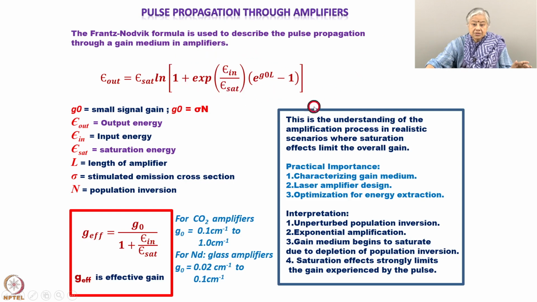Now, the conditions are this. This is the understanding of the amplification process in a realistic scenario where saturation effects limit the overall gain. I will talk about the saturation effects, because here I bring in E saturation also. This formula is applicable to all realistic amplifiers. Now, what is the practical importance of such a formula? Why do we need to know this?